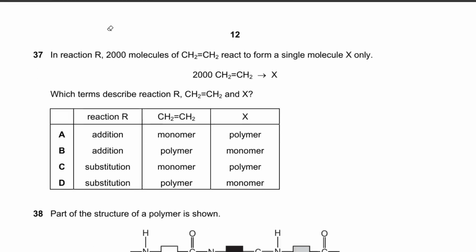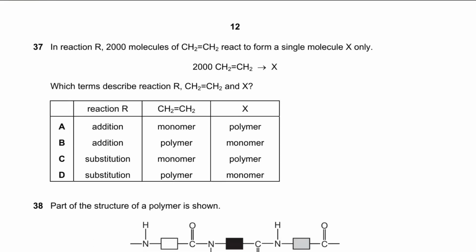So that means we have our option reduced to A and B only. And the reason it is addition is because the double bond breaks apart so that you can add more repeat units. Okay, so then ethene, which is this, is our monomer. So automatically that means that our answer is A. And then our X, of course, is the polymer that is going to be formed.